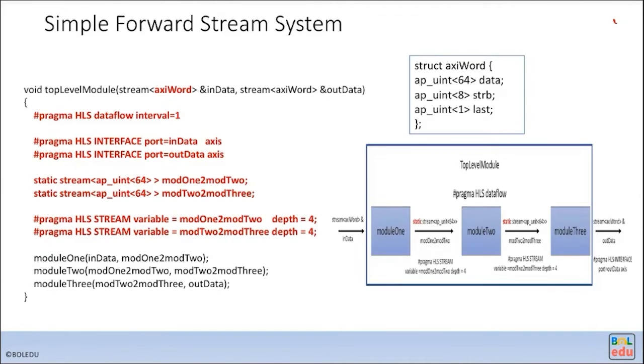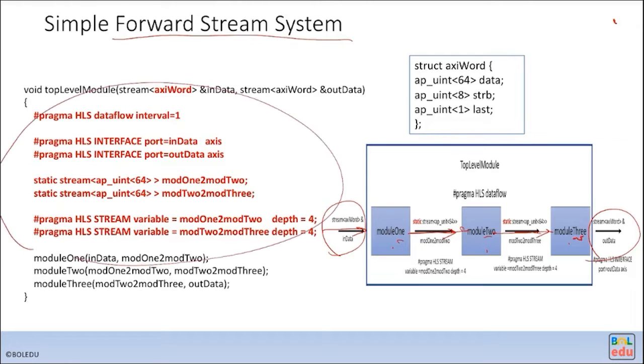Okay, this is a very simple example, a simple forward stream system. Here there are three functions, with the input being a stream, the internal communication also a stream, and the output a stream. When you compose these three modules in a data flow structure, you use these pragmas.